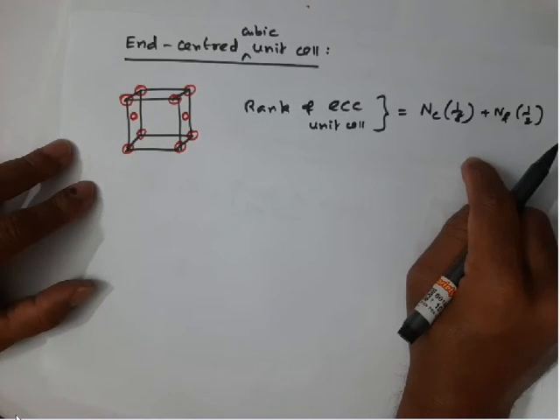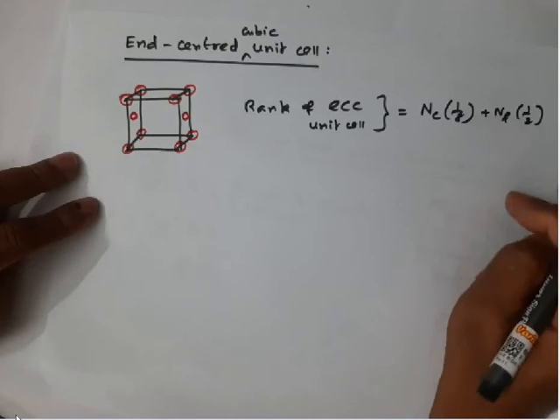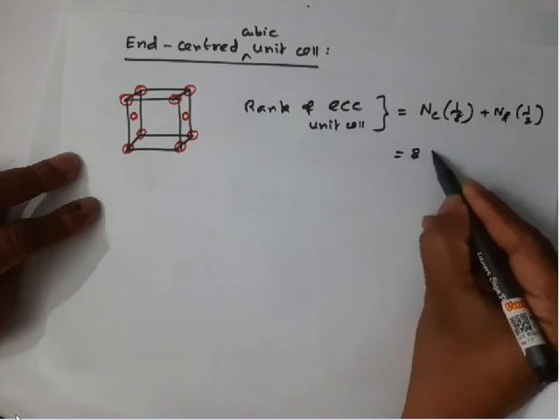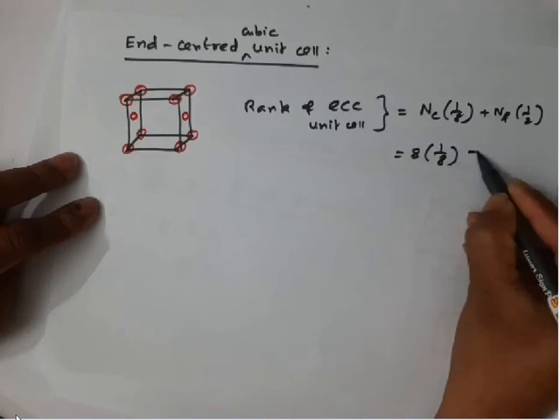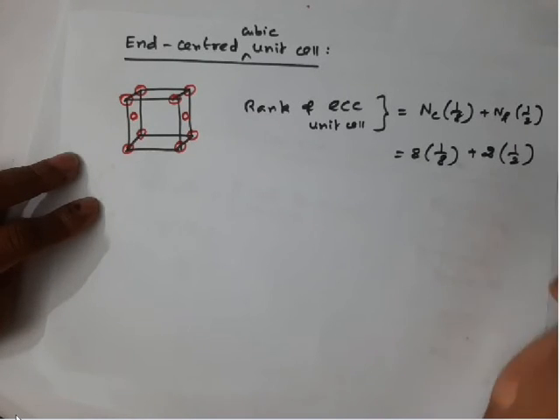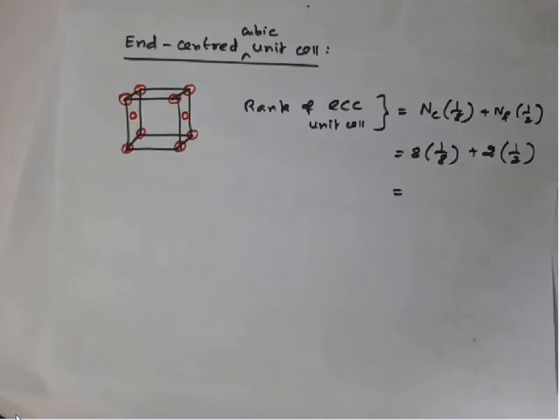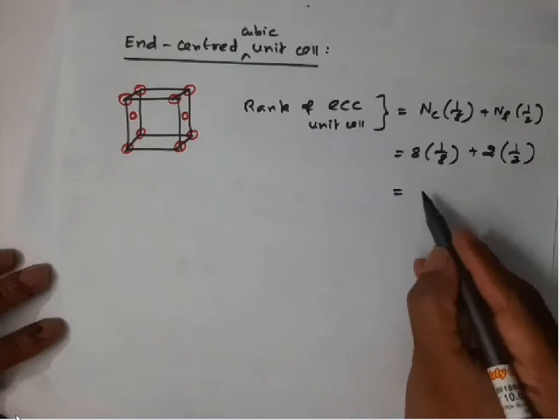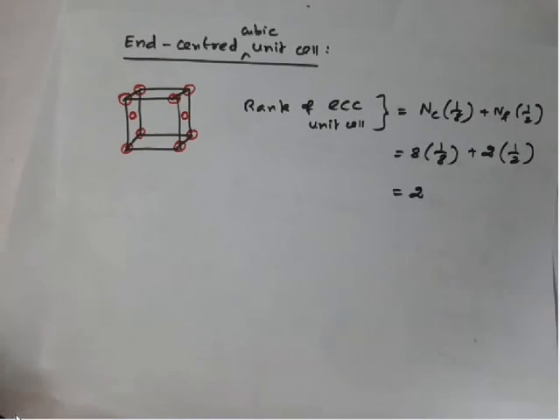No, no body center, so you need not include that. Yes, we have 8 corners into 1 by 8. We have 2 face center atoms now into 1 by 2. So what's the answer? 2, sir. 2. That's all. Good. 2.